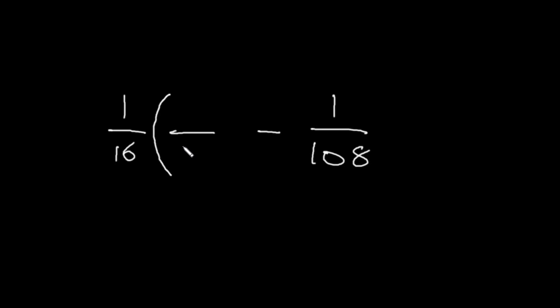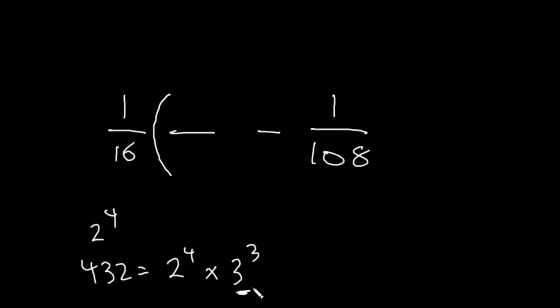And so in order to do that, we know that 16 is 2 to the 4, and 432 equals 2 to the 4 times 3 to the 3. And so to get 16 to 432, we just have to multiply it by 3 to the 3, which is 27. And of course, we do the same thing to our numerator to balance the books.